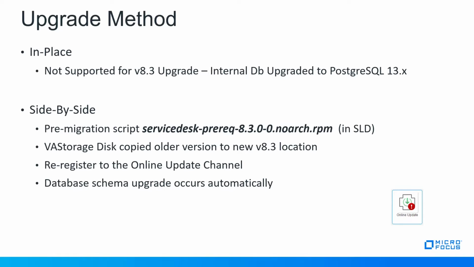The VA storage disk: you're going to actually copy that older system's second disk to the new system and then mount that in version 8.3. Re-register to the online update channel so you get your security patches, and database schema upgrade occurs automatically, and you'll see that when you go to the technician portal after the upgrade.